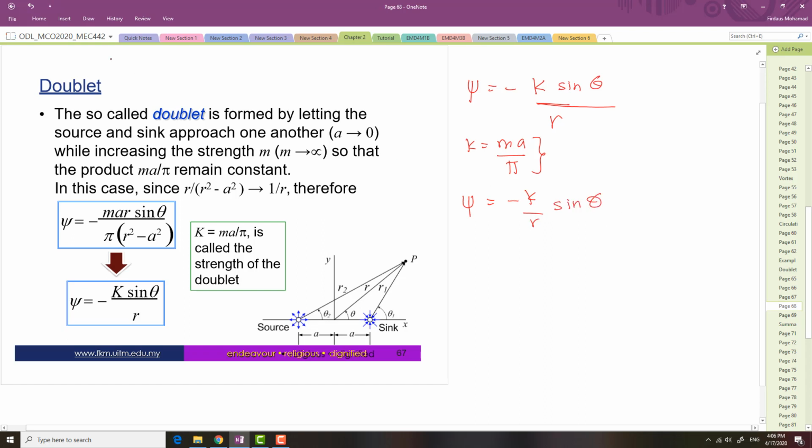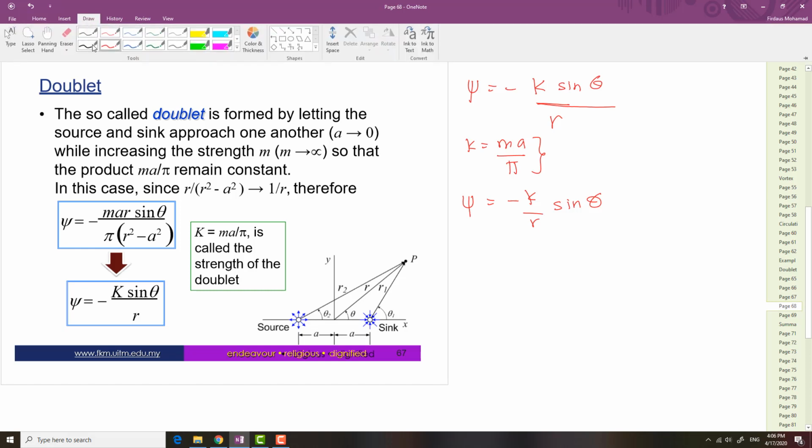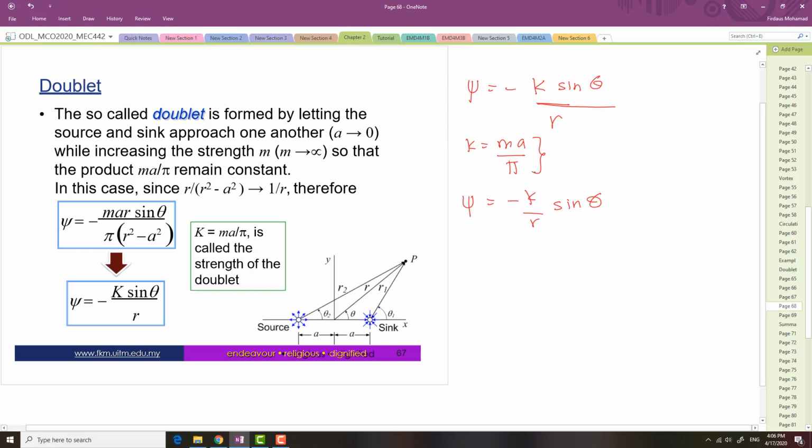Okay, so the question is how to obtain the velocity potential, which is phi. We only have psi, which is the stream function.